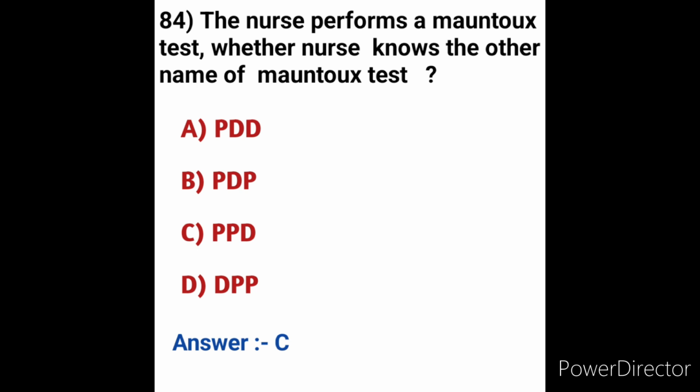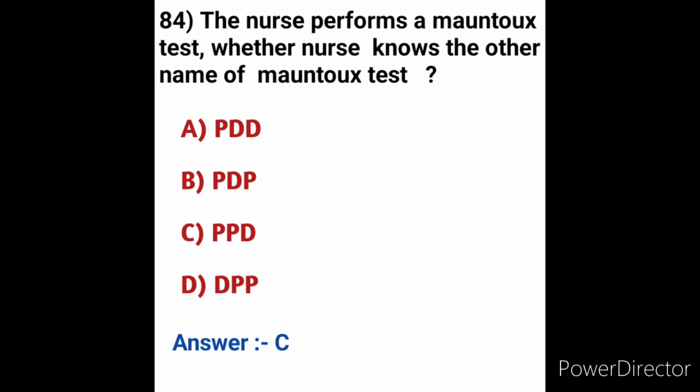Clients who have had BCG need not have this test, because if they have taken the BCG vaccine, the result will automatically be positive. Options A, B and D are not applicable here.